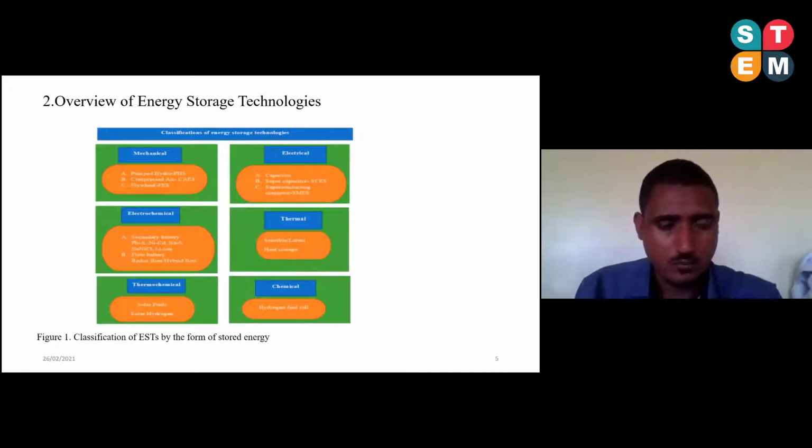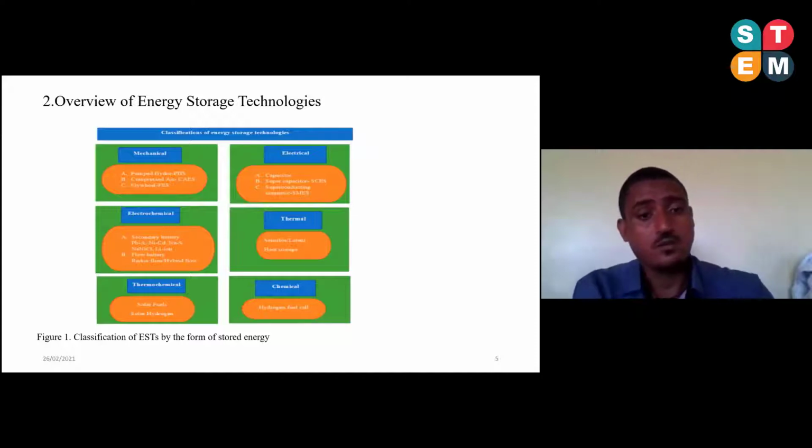Especially for mechanical energy storage technology, pumped hydro storage is more mature and its installed capacity is high compared to others. When you come to the electrochemical types, lead acid is also an almost mature technology and its installed capacity globally is also high.